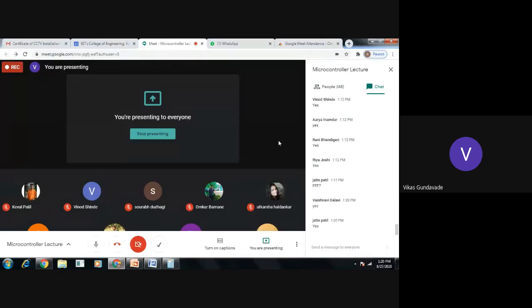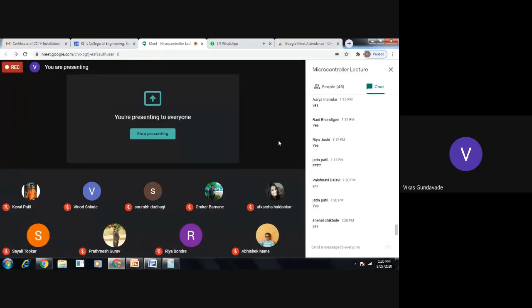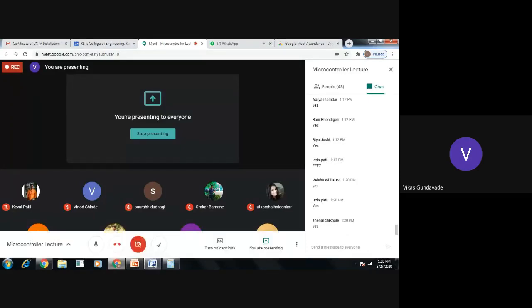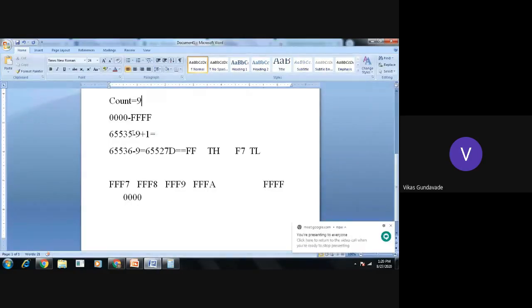Okay, so the same case. Now see here, we are taking the count 65536 because we are taking 16-bit timer mode. Now, suppose we are taking 13-bit timer mode, at that time the maximum count is 1FFF. From this 1FFF, the 9 will get subtracted.